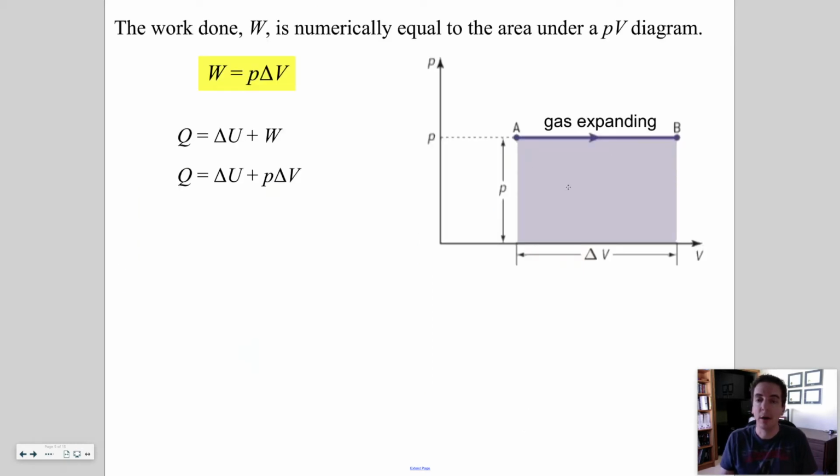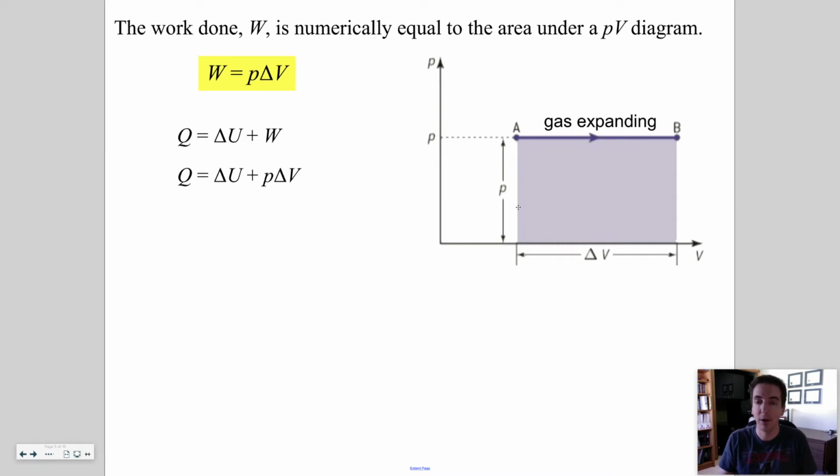When you've got an isobaric change, constant pressure, and you want to figure out the work done, in this case the work done on the surroundings by the expanding gas, it is equal to the area under the curve. Area equals length times width.